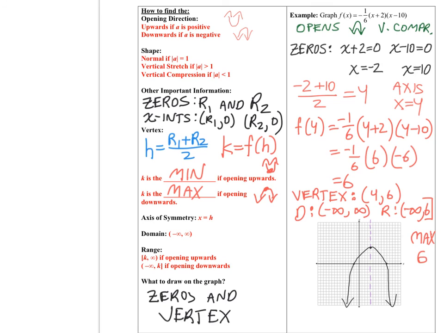So that's how you graph a quadratic function in intercept form. First you find the zeros, then you find the middle of the two zeros to figure out the axis of symmetry and the vertex's x value, and then finally take the x value, substitute it into the function to get the y value, and then you just plot the vertex and the two zeros and use those 3 points to draw your U. So now it's time for you to go practice.